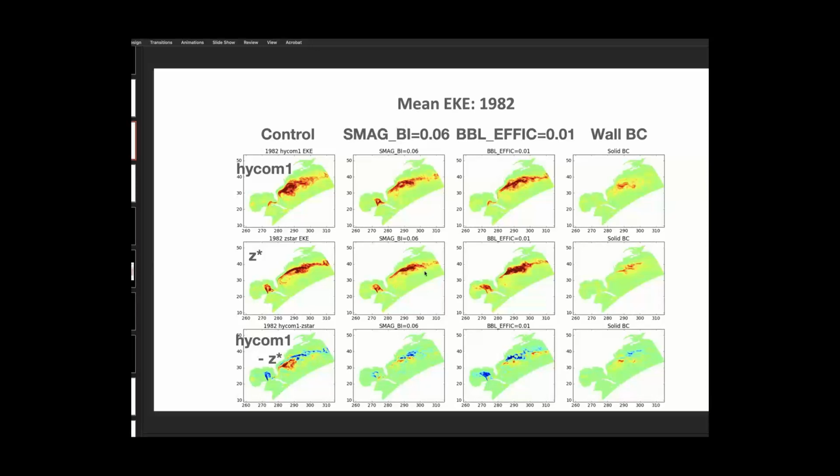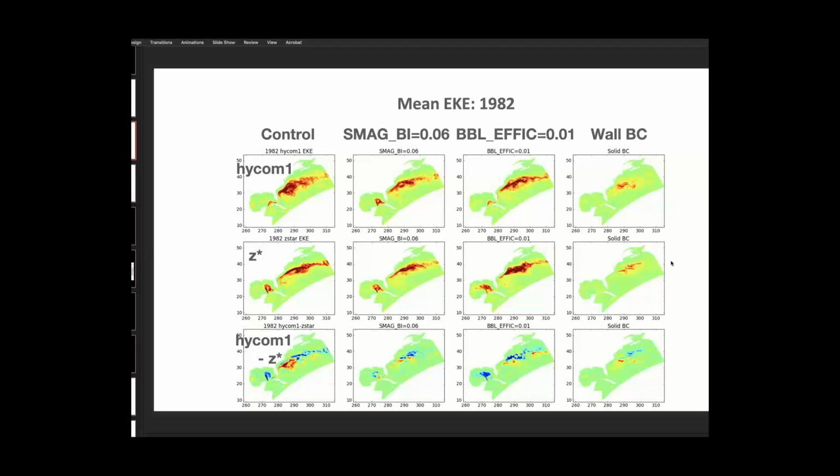But you're also looking in these columns here at different parameterizations, different values for the various parameters for this Bering Sea dissipation, for the boundary layer efficiency, but also there's questions as to how well the open boundary conditions are working with the different vertical coordinates. I'm actually pretty convinced that we haven't solved that problem completely yet.